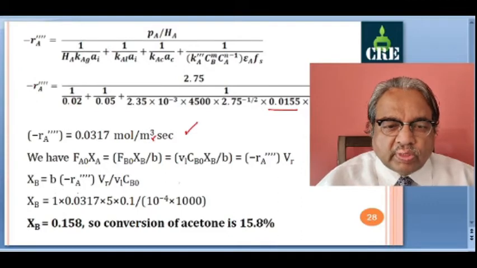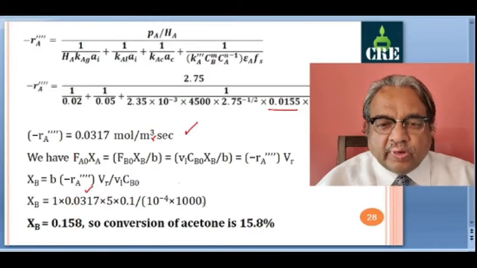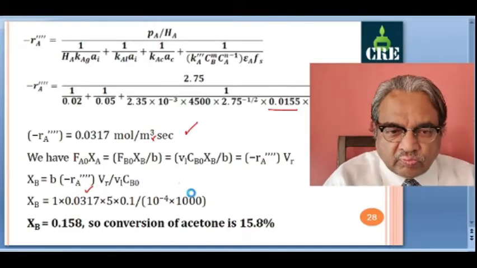So b is 1, minus Ra triple prime we have found out to be 0.0317. Volume of the reactor is height multiplied by cross section area, 0.1, divided by VL, which is 10 raised to minus 4, and CB0 is 1000.